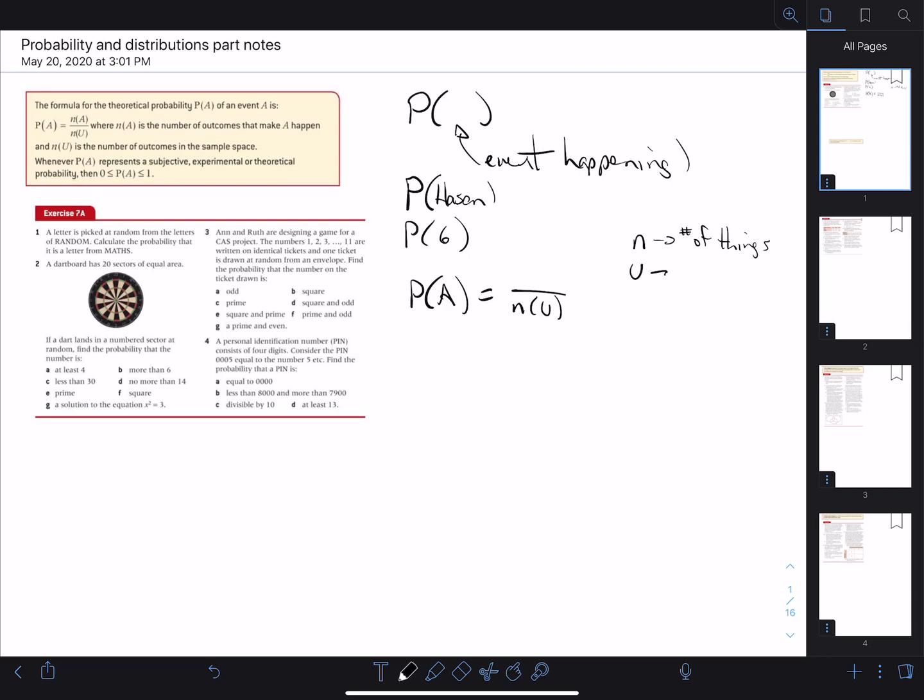U, by the way, is called the universal set, so it's all things. Some books, instead of using this, will use capital N. And then the number of things that contain whatever A is. So it's just really, really simple. I think without even this description, you'd know what I mean.